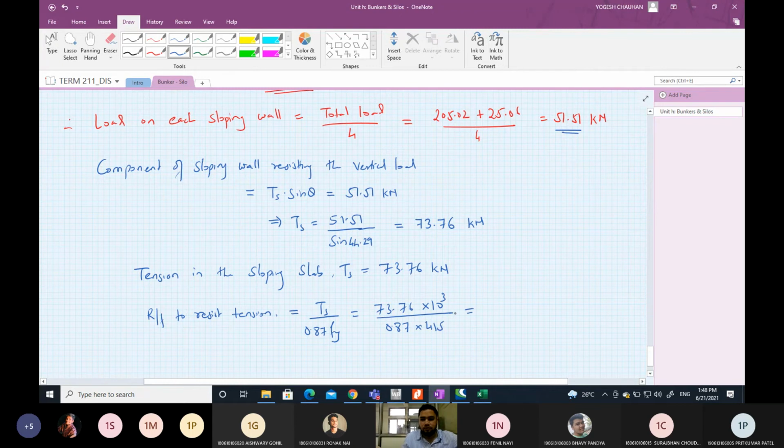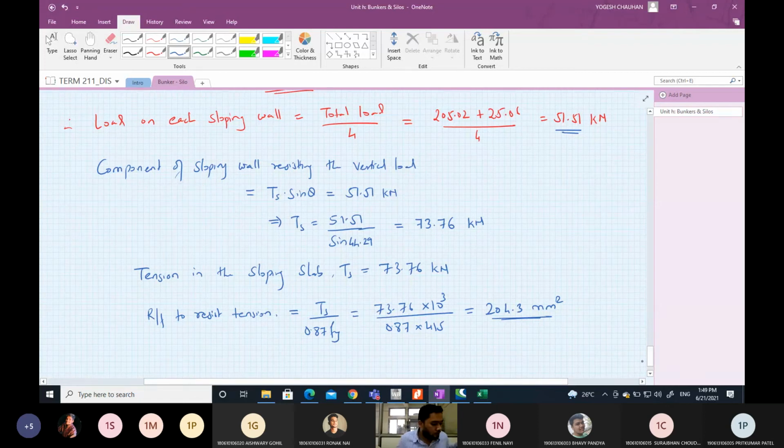So this will give you 204.3 mm square of steel. So this much steel is to be provided to resist the tension in the sloping slab.